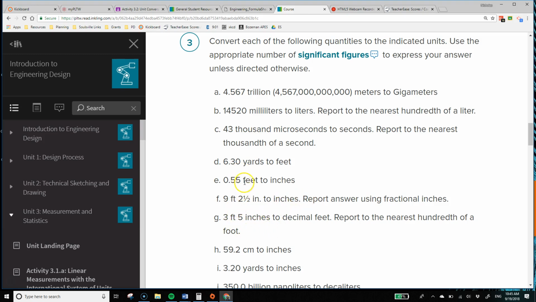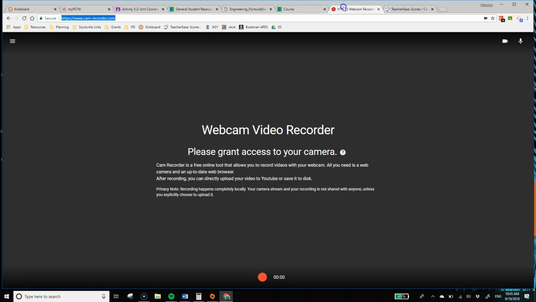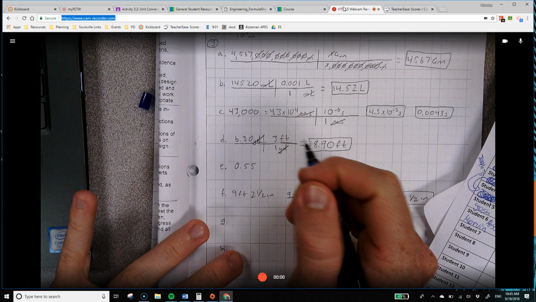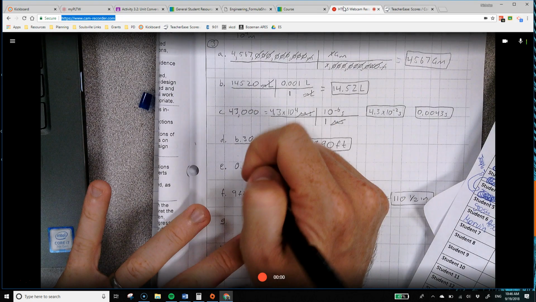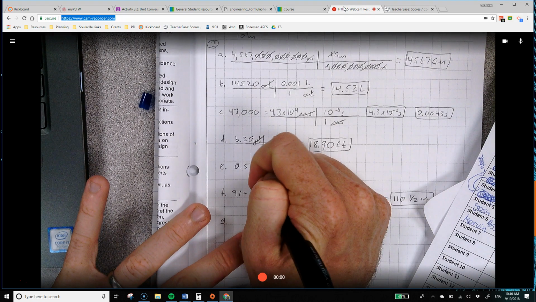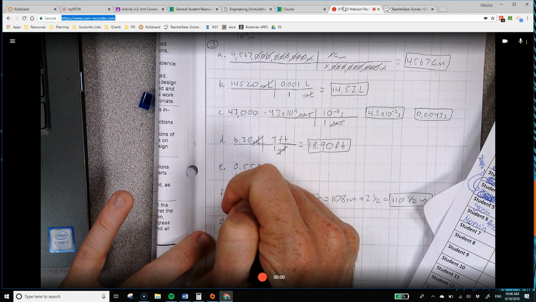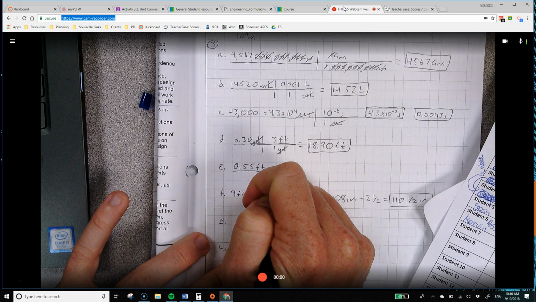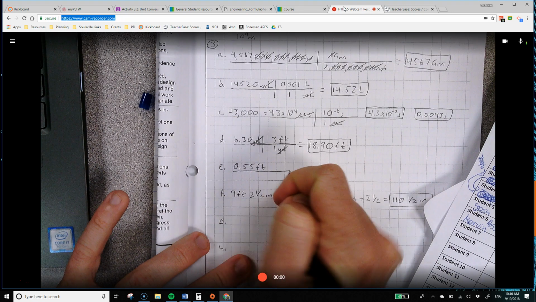So E, 0.55 feet to inches. So this I'm going to be using a different kind of conversion factor, and these are actually a little bit easier if you are not used to scientific notation. But I will definitely need to use a calculator on this. So I want 0.55 feet to inches.